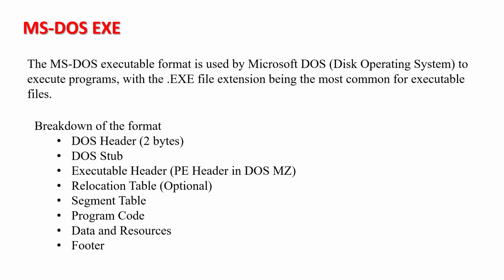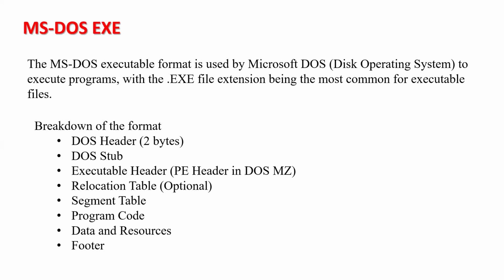The segment table contains the program code, data, and stack segments. So we know the code segment contains the actual instructions. The data segment holds variables and global data, whereas the stack segment is used to manage function calls and local variables.